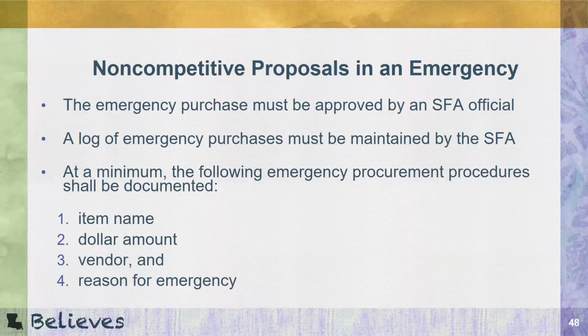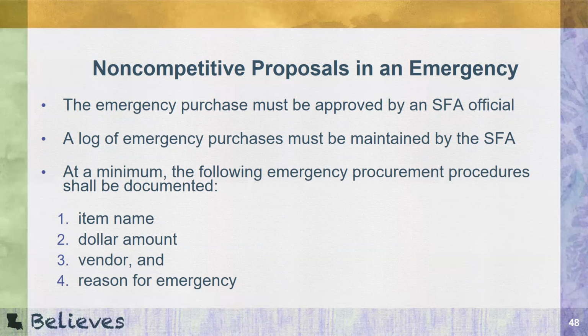We've had a lot of non-competitive proposals that we've used lately because we've had an emergency. The emergency purchase always has to be approved by an SFA official, and maintain a log of any emergency purchases.